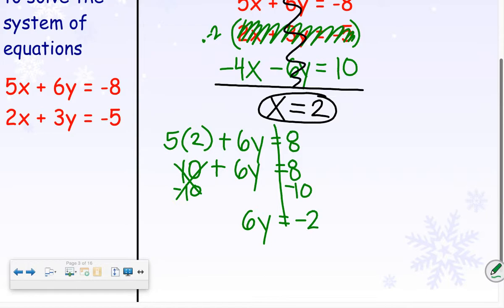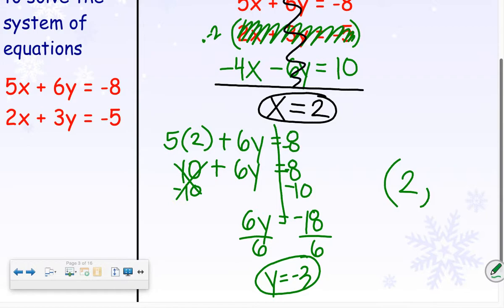Something went wrong here. 5 times 2 plus 6y equals negative 8. There we go. So negative 8 and negative 10 make negative 18. If you ever end up with a decimal, that's kind of your red flag that something went wrong. That's how I knew I did something wrong. So then my solution is (2, negative 3).